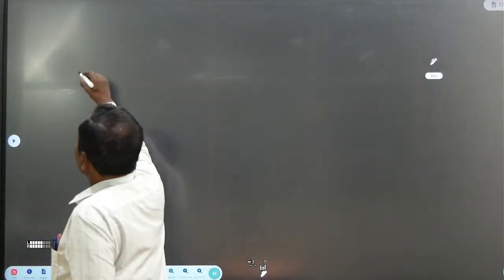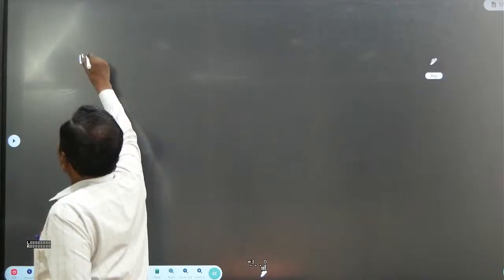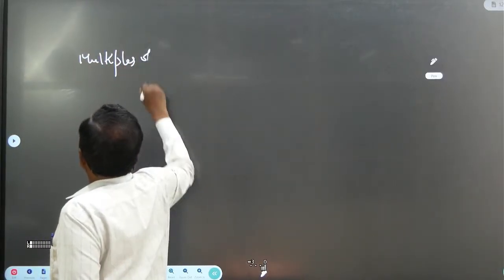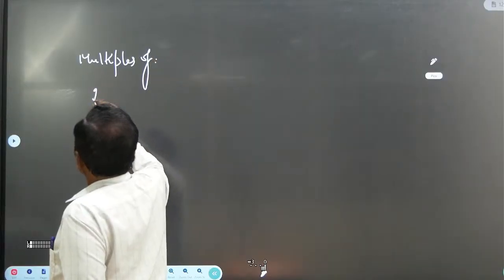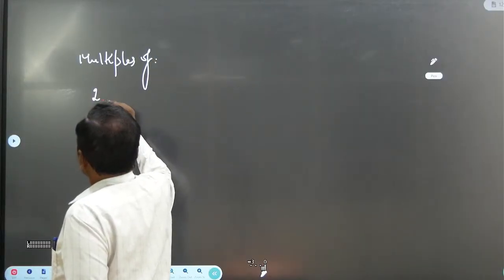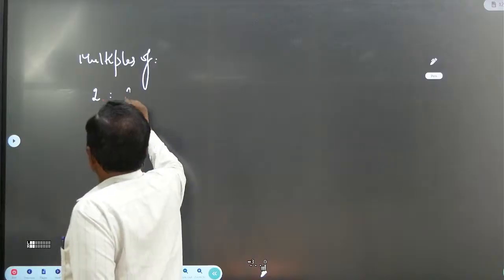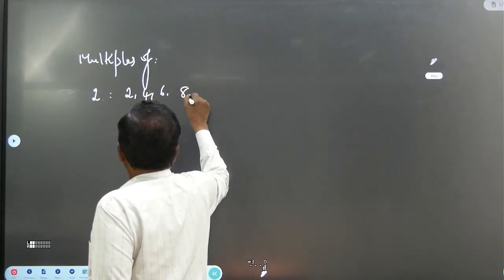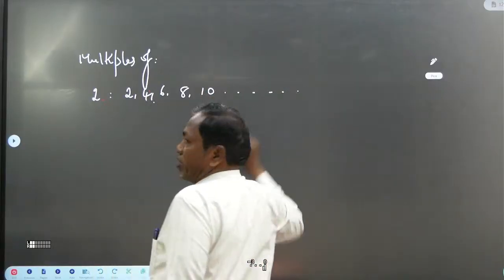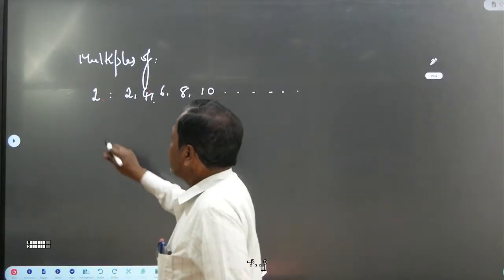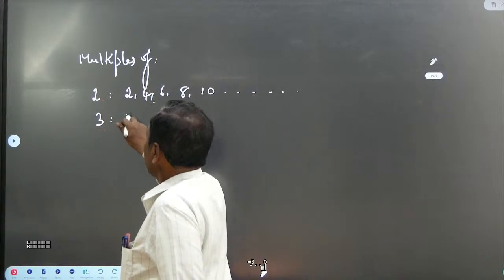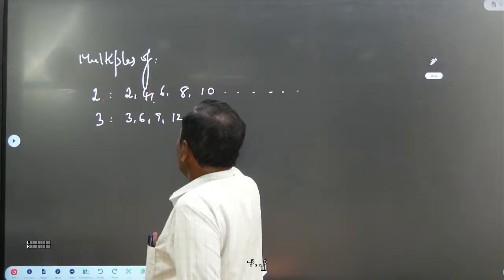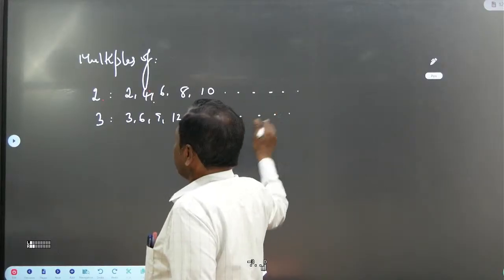So multiples of 2 is like 2, 4, 6, 8, 10 and so on. Multiples of 3, 3, 6, 9, 12, 15 like this.